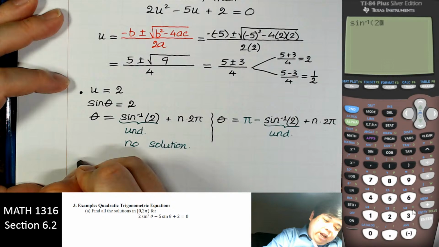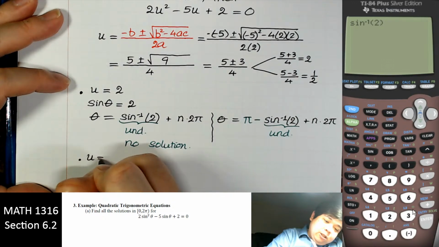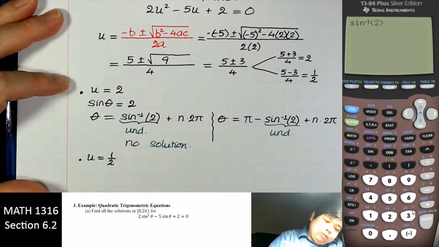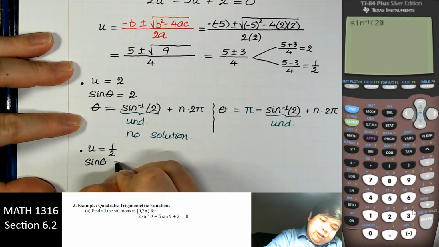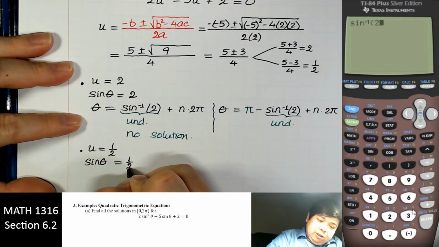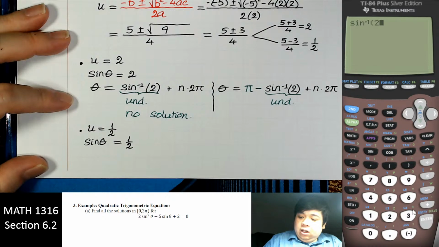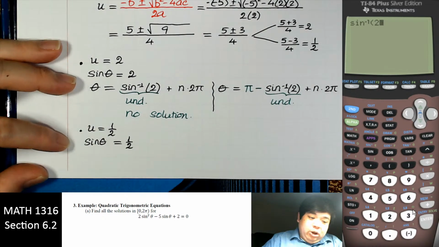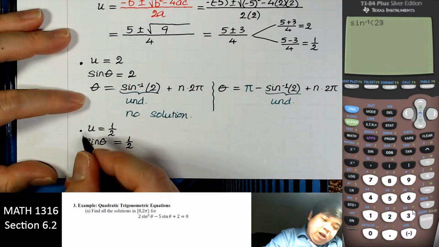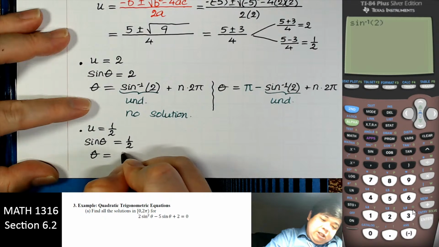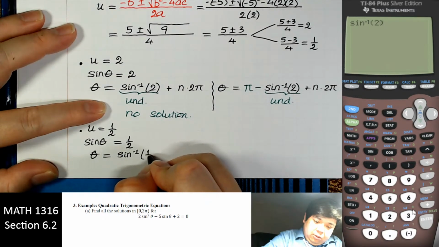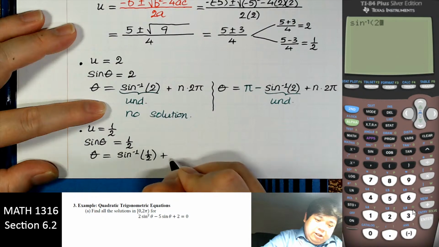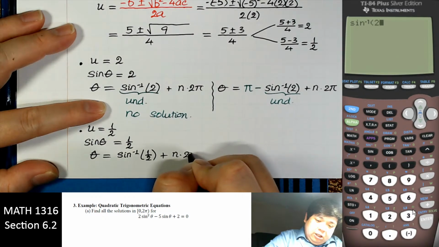But only one of it when u is 2. When u is 1/2, meaning that sine is equal to 1/2. And to get back to the angle, we have two solutions. The first one is sine inverse of 1/2 plus n times 2 pi.